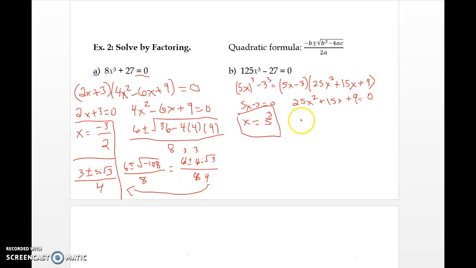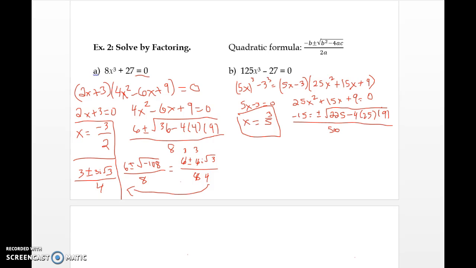And using quadratic formula for that, I get negative 15 plus or minus the square root of b squared, which is 225, minus 4 times a times c, all over 2a. And 2 times 25 gives you 50.